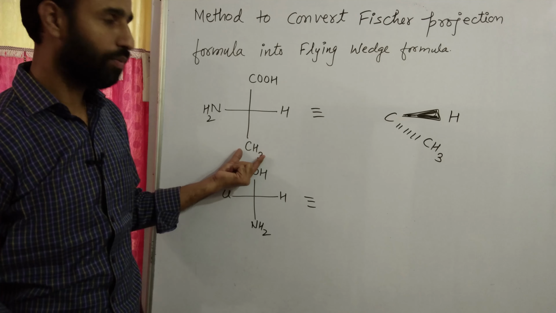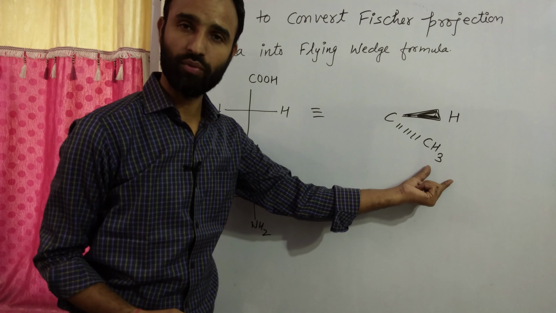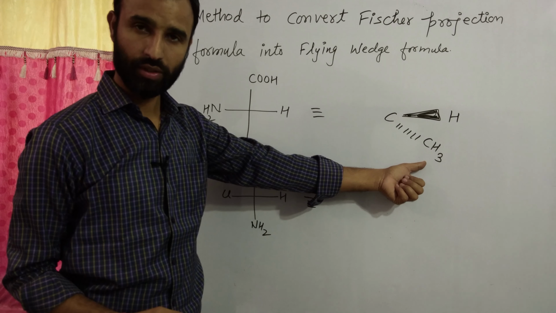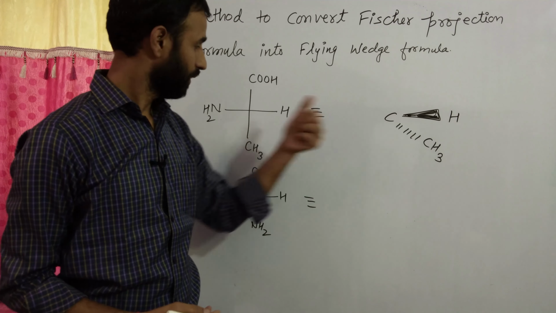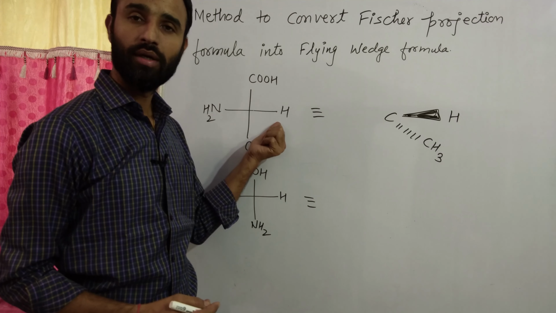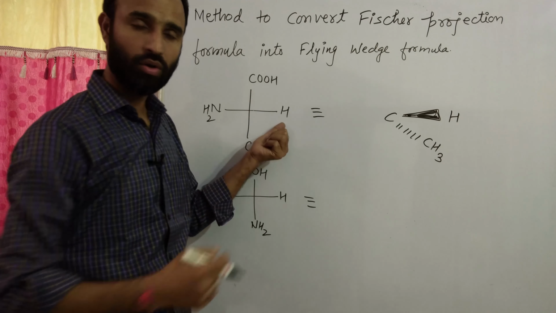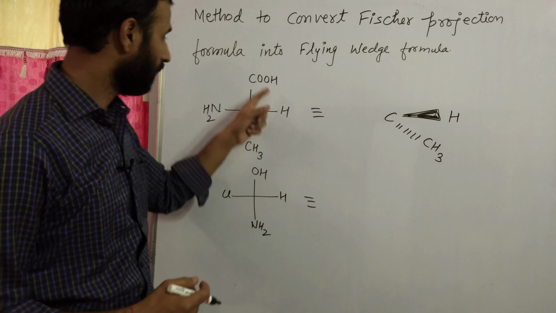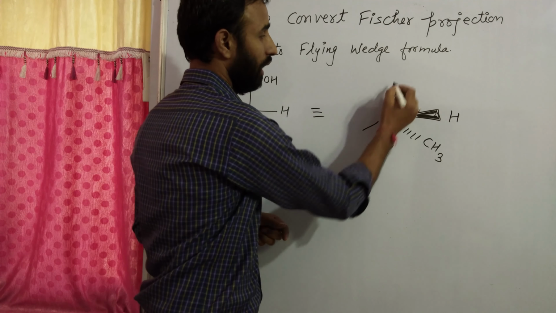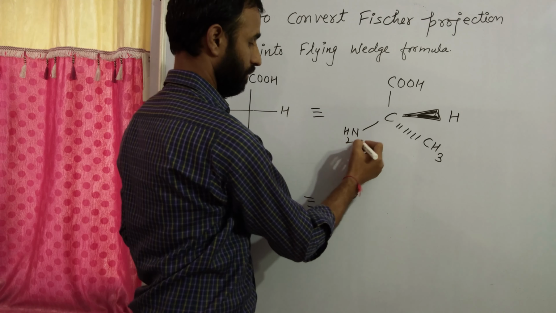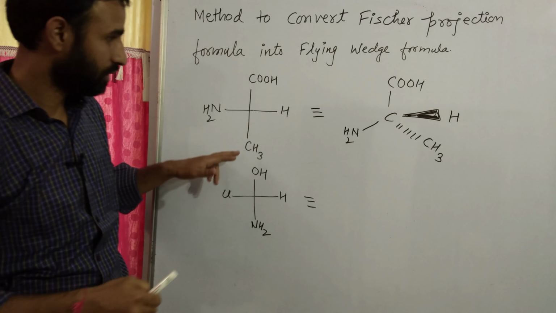The bottom group is away from the observer in the Fischer projection formula, and the other two are drawn accordingly, and the sequence should be the same. You should maintain the sequence.